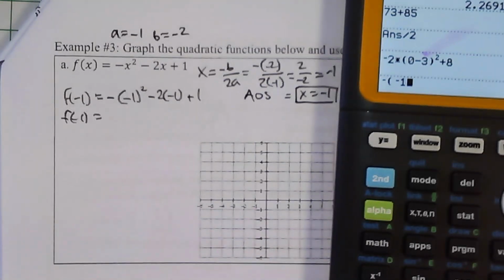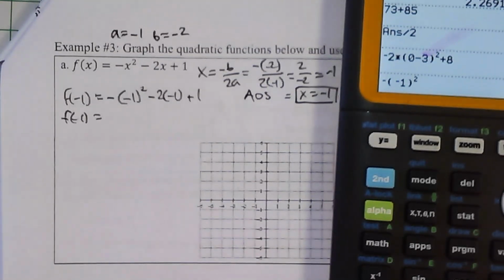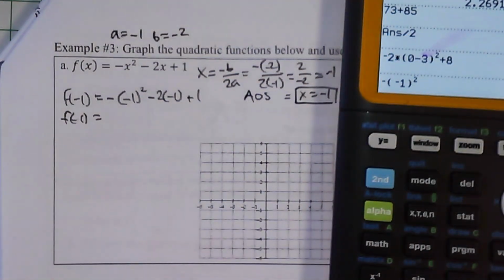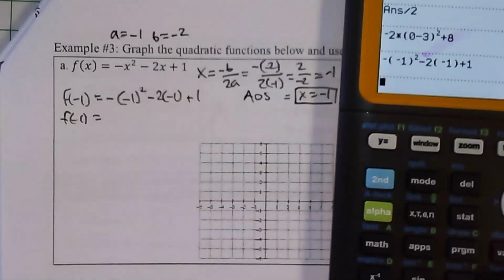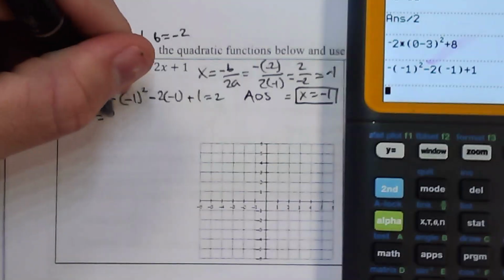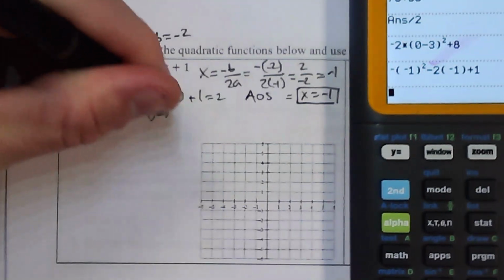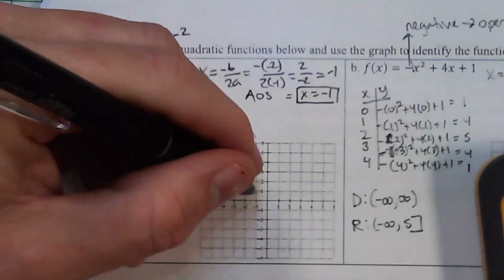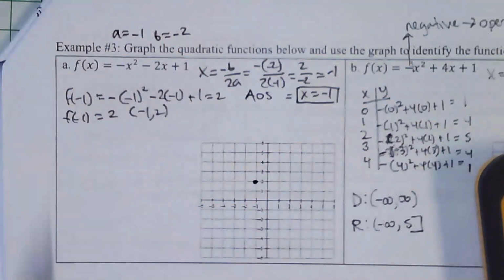That works perfect. That's 2. So f of -1 is equal to 2. So my vertex is -1, 2.